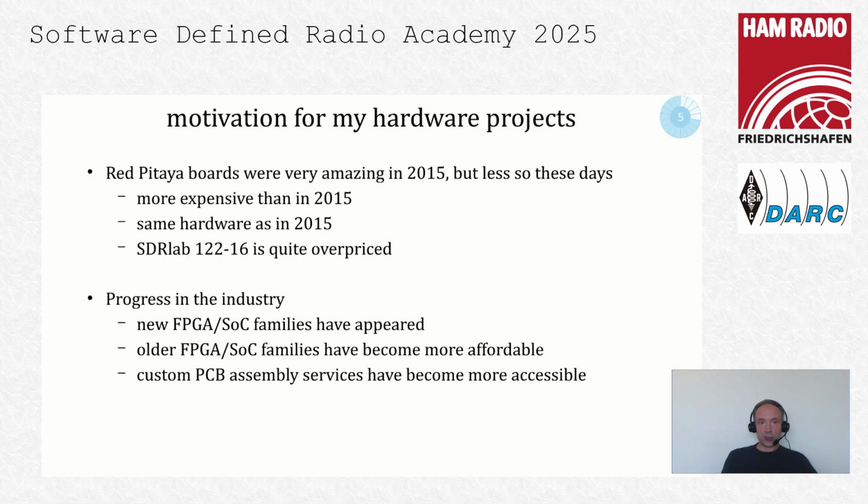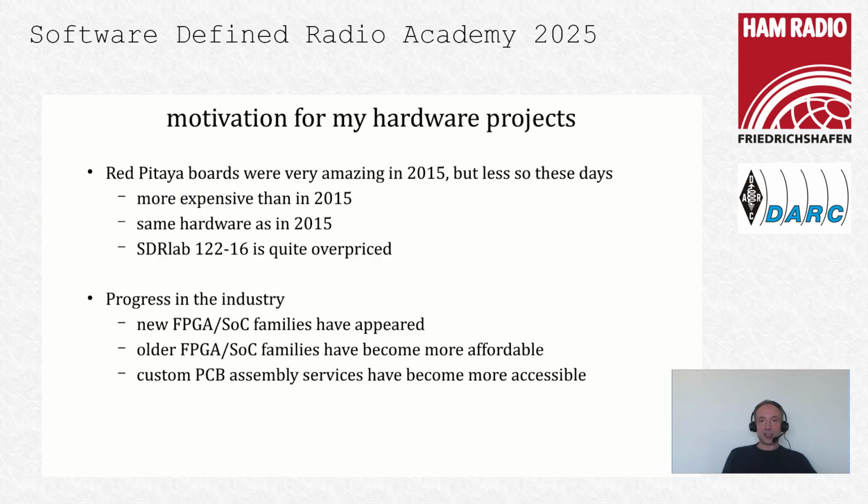But what is the motivation for my recent hardware project? The Red Pitaya boards were very amazing in 2015, around 10 years ago, but they are slightly less so these days because they are a little bit more expensive than in 2015. The hardware is the same as in 2015, and the more advanced SDR Lab board is quite overpriced.